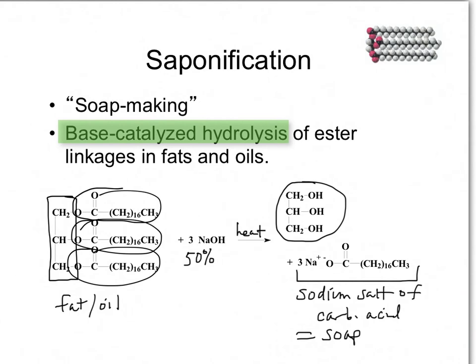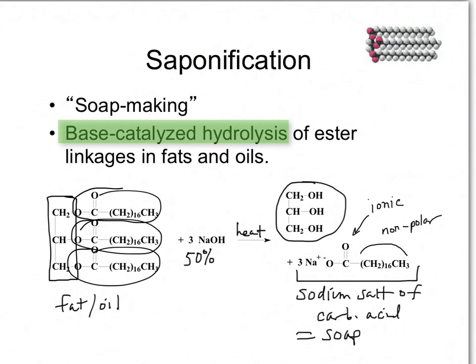If you examine the structure of a molecule of soap, you can see that there is an ionic end. That's the carboxylic acid that's deprotonated, so it's a minus and a plus. There's an ionic end. And then there's this long chain fatty acid part, and that is a non-polar end. And so it has sort of a dual nature. It's both polar and non-polar within the same molecule.